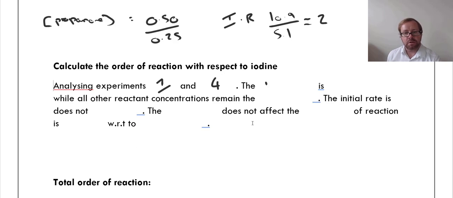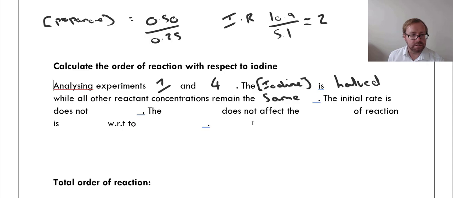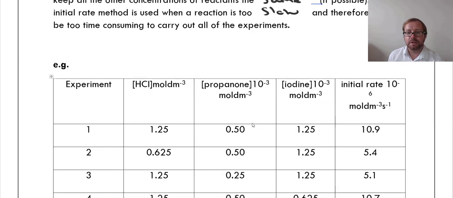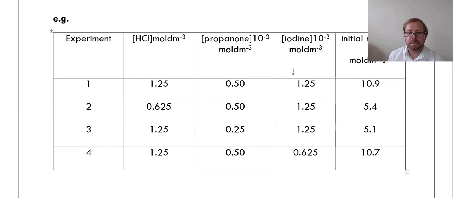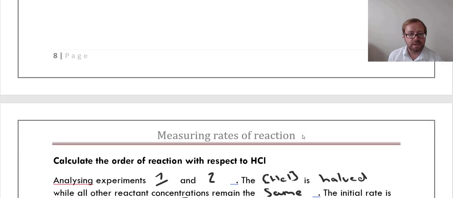So when the iodine concentration is halved, while all other reactant concentrations remain the same, the initial rate does not change. So this is different. Again, if we go back up, I have halved my concentration between experiments 1 and 4. I've kept everything else the same, and the rate hasn't changed. It's remained pretty much the same.